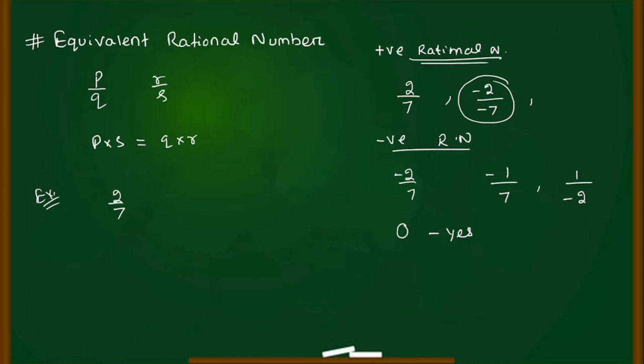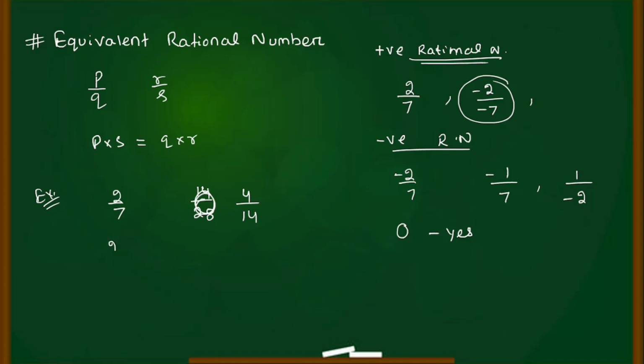2 by 7 is a rational number. Now 4 by 14 is another rational number. Are they equivalent?